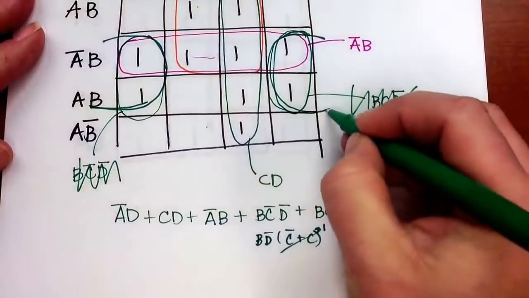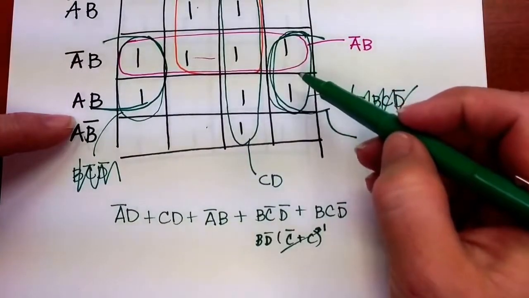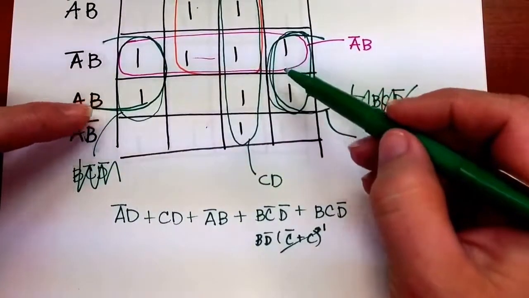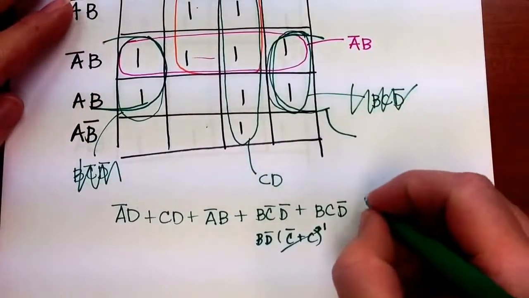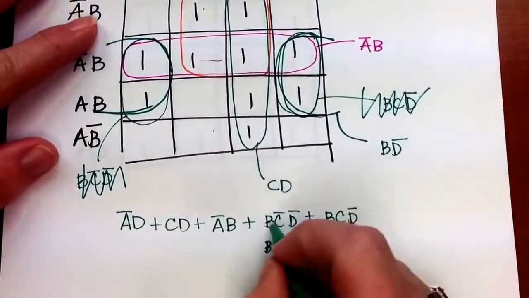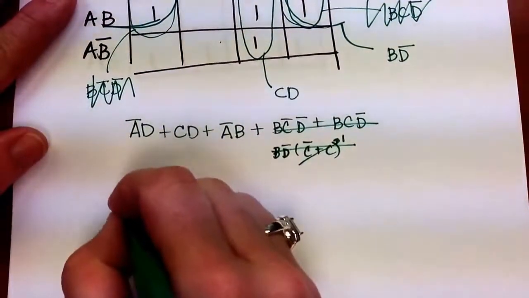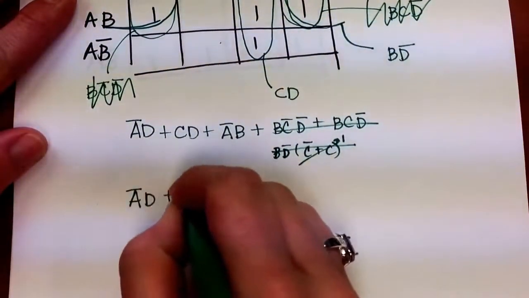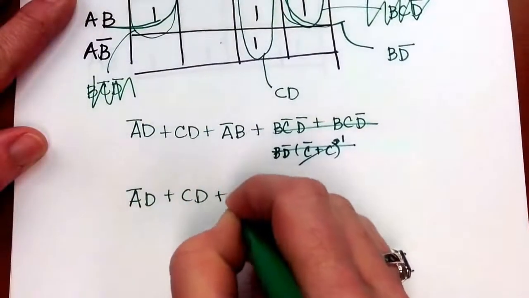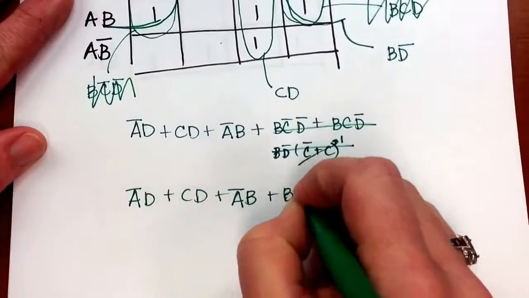Now that group will become what? Not D and B. So in fact, the expression is not A, D, or C, D, or not A, B, or B, not D.